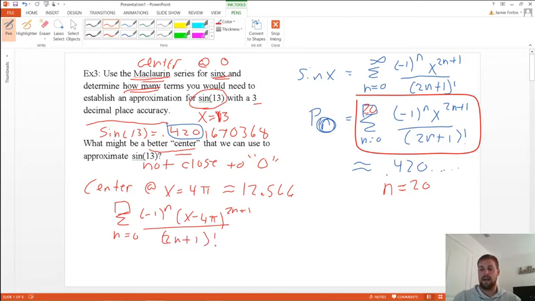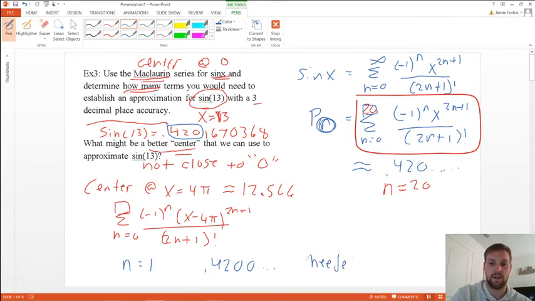I'll let you pause the video and test this out and see what the n value is going to be. But if you test it, I got n equals 1. With n equals 1, I get 0.4200 something. So I only needed 2 terms to be within 3 decimal places accurate, as opposed to 20 terms when my center was really far away.